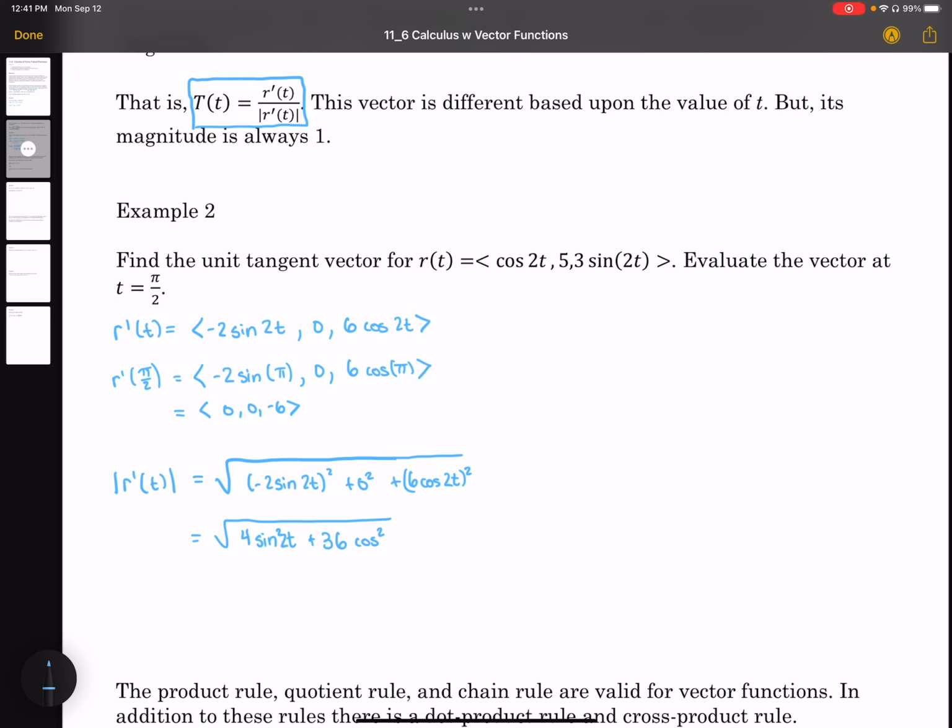I'm sorry, that should be a 2t right there. So 4 sine squared 2t plus 36 cosine squared 2t.